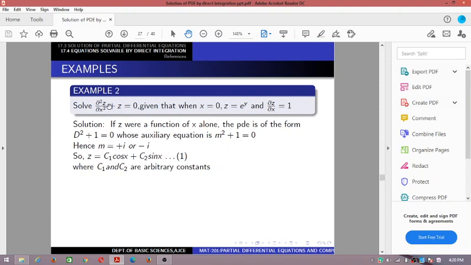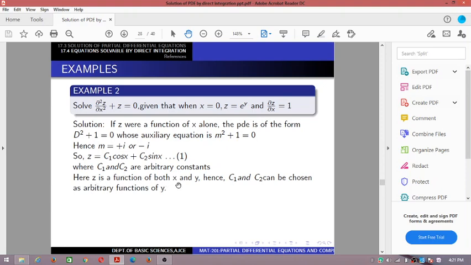Hence this equation can be written as (D² + 1)z = 0, whose auxiliary equation is m² + 1 = 0, and the roots are +i and -i. From the solution of ordinary differential equations, we know that z = c1 cos x + c2 sin x, where c1 and c2 are arbitrary constants.